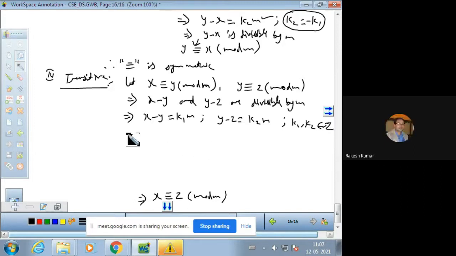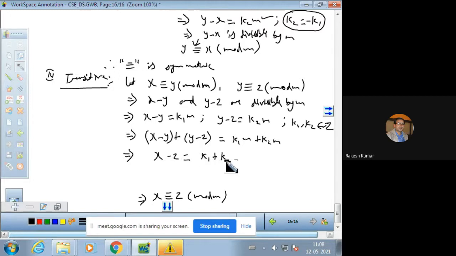So adding these two, you will have x minus y plus y minus z is equal to k1 m plus k2 m, and ultimately from this y will be cancelled, and you will have x minus z is equal to k1 plus k2 into m.